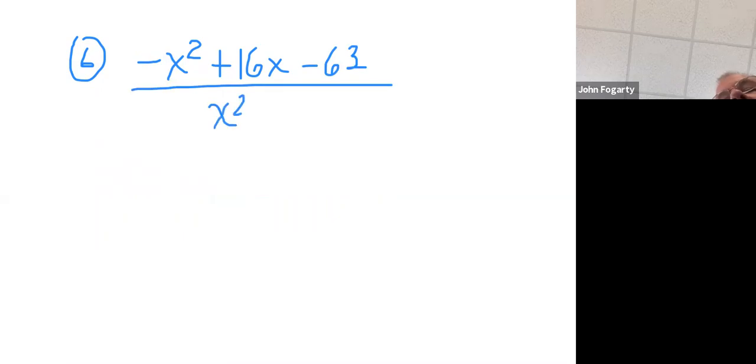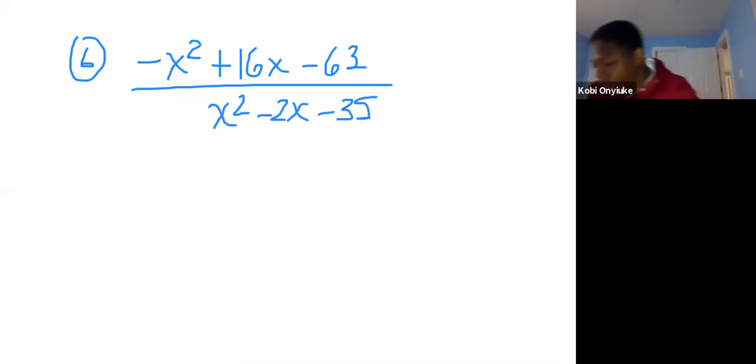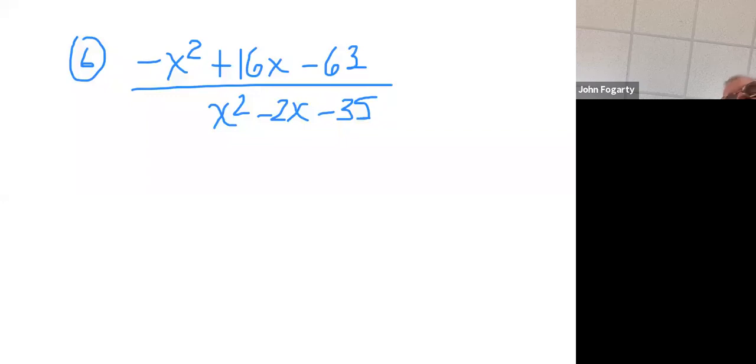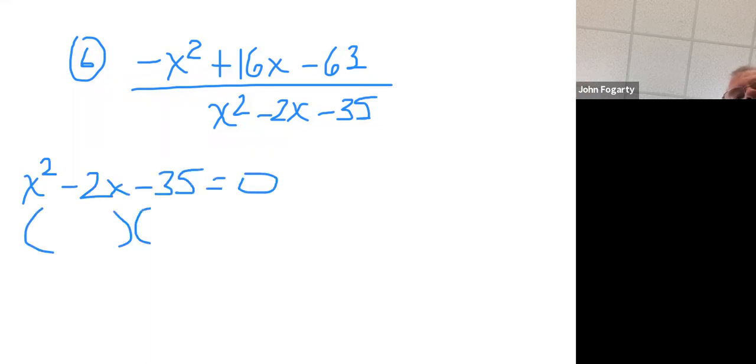Number 6 says negative x squared plus 16x minus 63, all of that over x squared minus 2x minus 35. All righty. So what's our first problem? That the denominator is 0. We got to make sure we don't include values that will make my denominator 0. So x squared minus 2x minus 35 equals 0. This is easy. I'm going to factor that. Give me the factors of negative 35 that add up to negative 2.